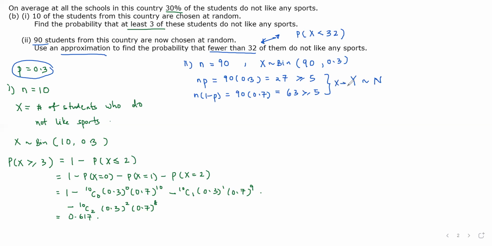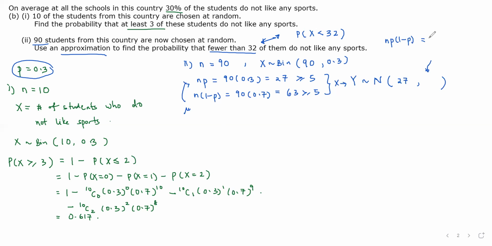So X here is approximated by Y, which is a normal distribution. We need to find the mean. The mean of the normal distribution is equal to np here, which is 27. The variance is given by np(1 minus p), or npq.